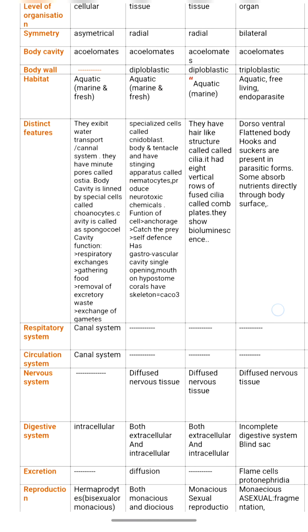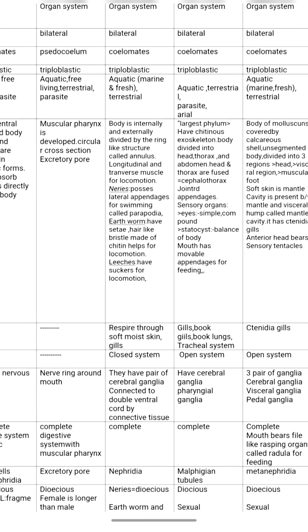But for your annelida, your circulatory system, you are having only two: one is open type of circulation system, and the other is closed system. Let me explain, my dear students. Remember and listen to me very carefully.